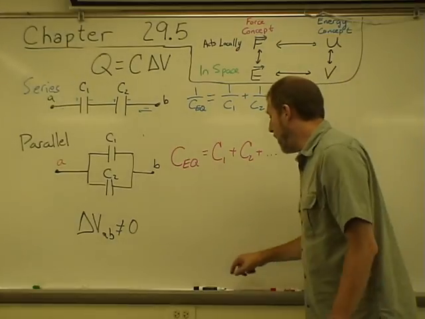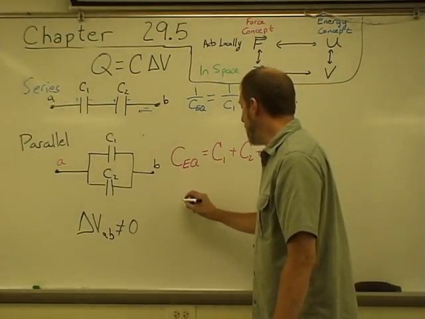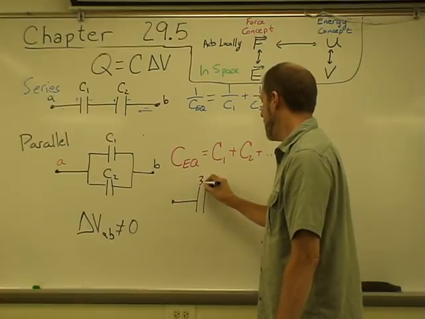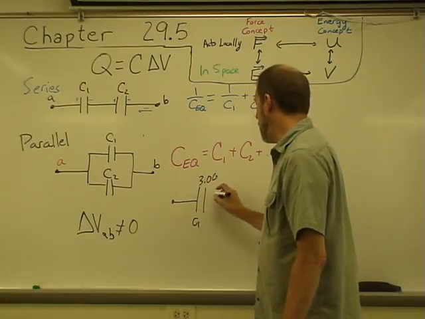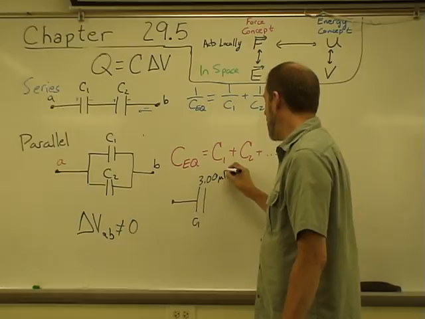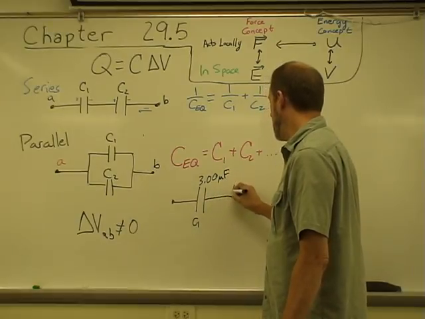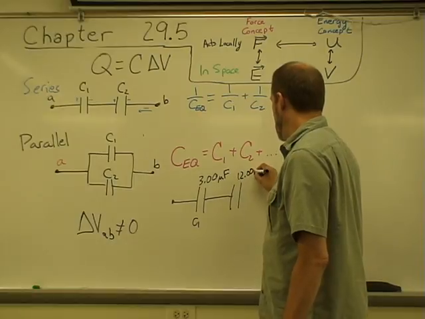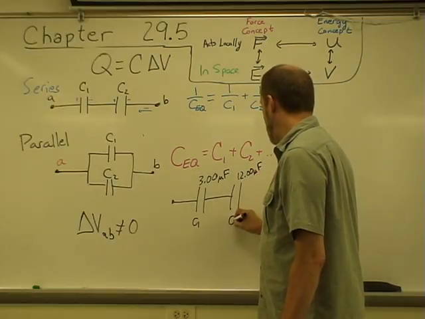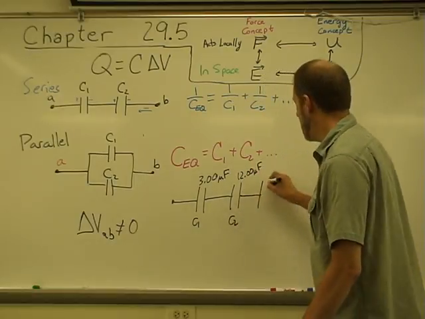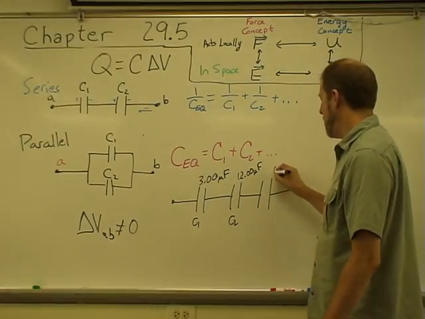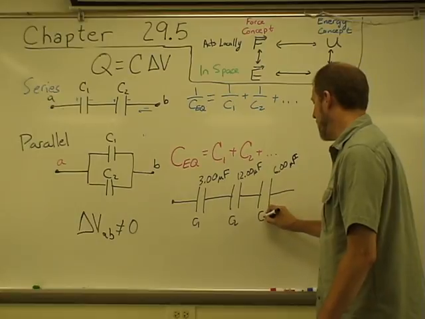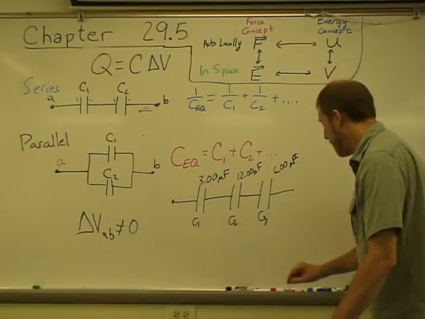Now, let's suppose, as a quick example, that I've got C1, a 3 microfarad capacitor, a 12 microfarad capacitor C2, and a 6 microfarad capacitor C3.